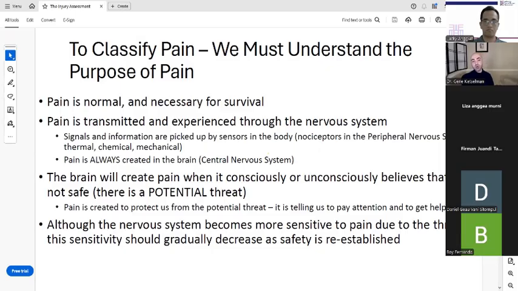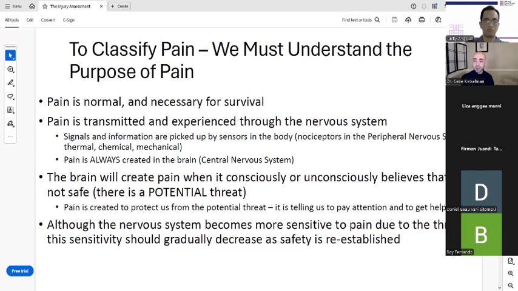So the brain will create pain when it consciously or unconsciously believes that it is not safe. So if there is a potential threat in any way to that individual, pain can be created. So pain is created to protect us from the potential threat. It is telling us to pay attention and get help.